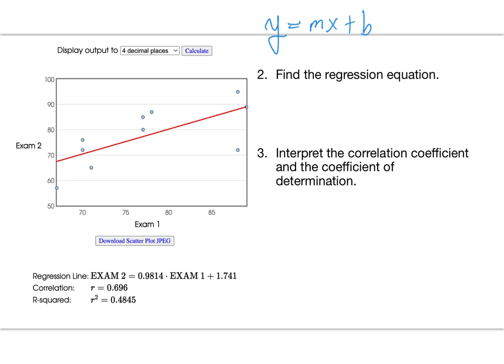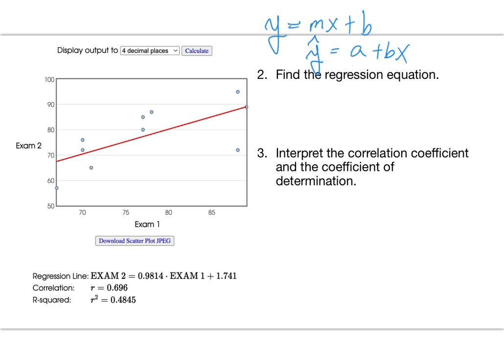When we move to statistics, we of course have to write it differently. We will write it as, in this case, y hat equals a plus bx. I want you to notice in this, b is the slope. This a is the y-intercept.